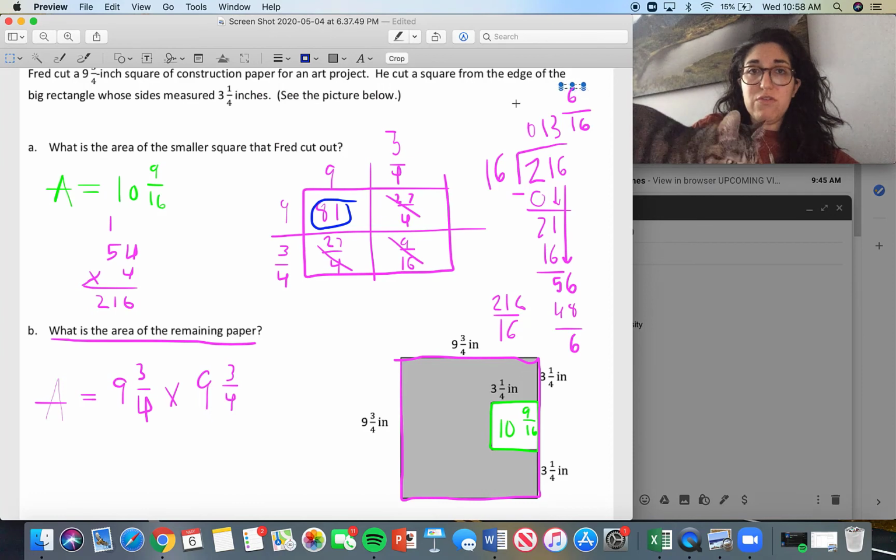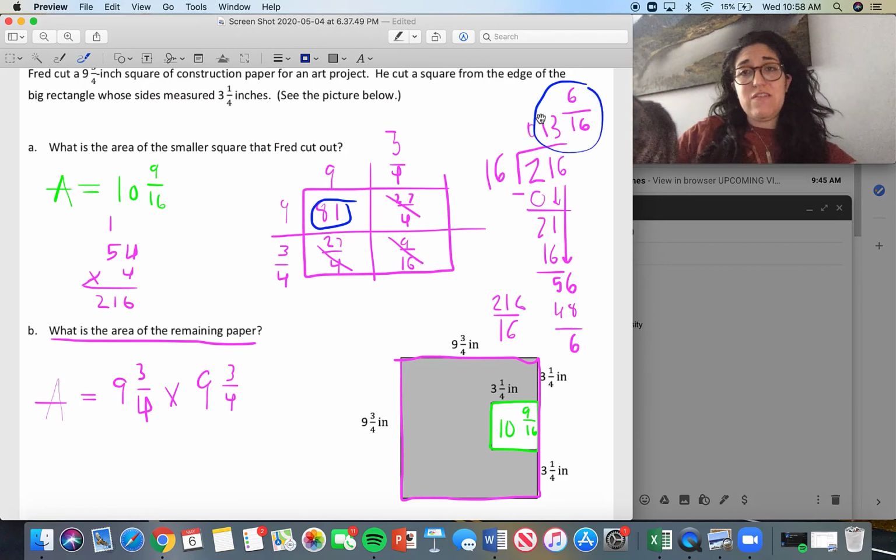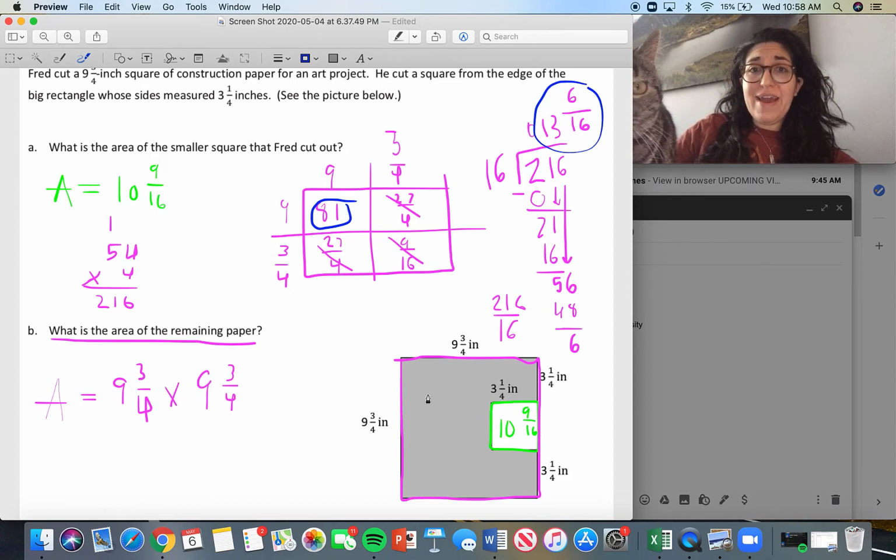So now what we have is 13 and 6/16 plus 81. A reminder that that is all of the pink square, the entire pink square, including the green. So the area of the whole thing is 81 plus 13 would be 94, and 6/16. That's the area of the whole pink.